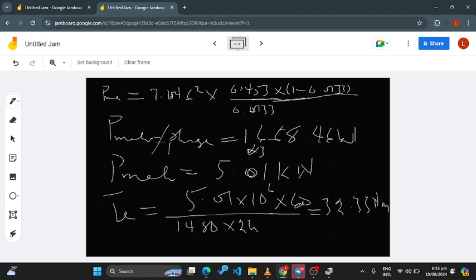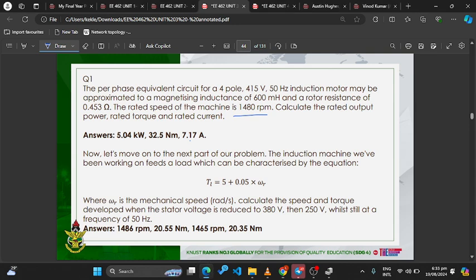So now the question goes ahead to say, let's move on to the next part of our problem. The induction machine we've been working on drives a load which can be characterized by this equation: TL equal to 5 plus 0.05 times omega R, where omega R is the mechanical speed in rad per second.